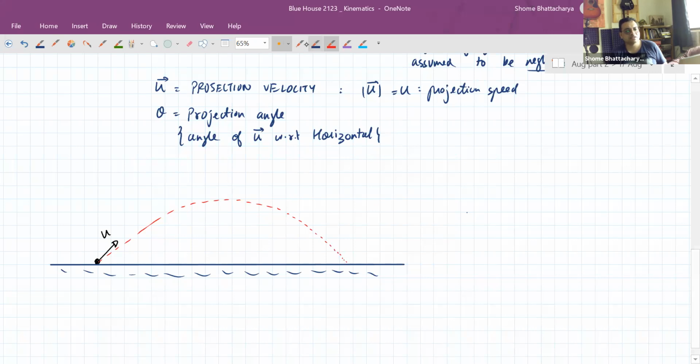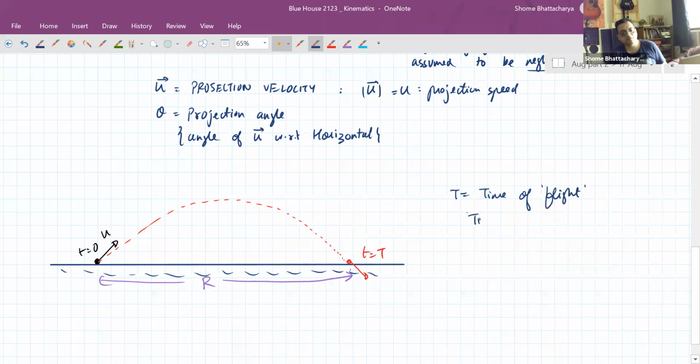So if the projectile starts from the ground at t equal to 0 and then comes back and hits the ground at some time, let's say capital T, then the horizontal distance between the point of projection and the point where it hits the ground is called the horizontal range. First of all, capital T here is called the time of flight.